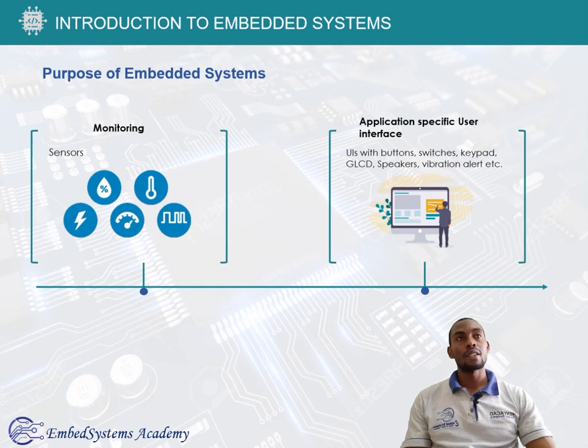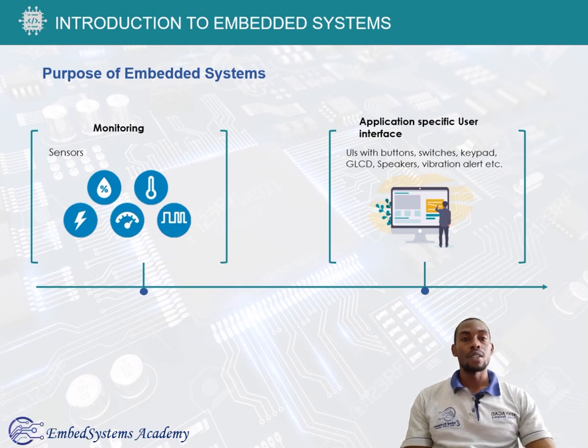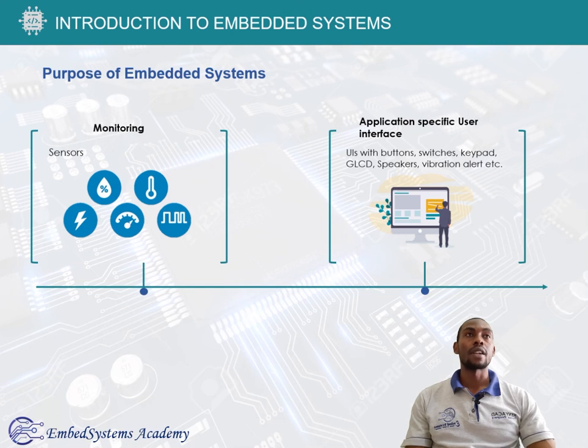And finally, we have application-specific user interfaces. When you walk up to an ATM, you will see a screen, you see a keypad, and all that is an application-specific user interface for a banking system. And so that is one of the purposes of embedded systems.